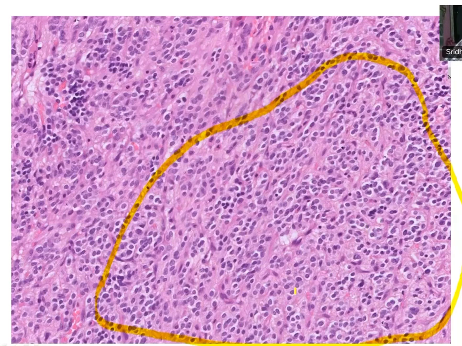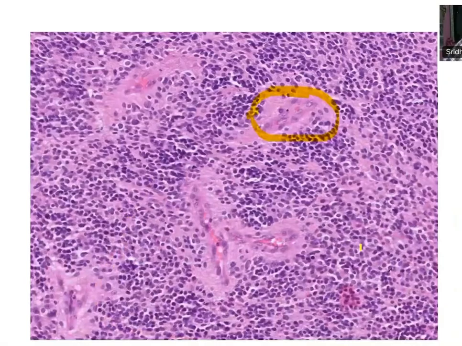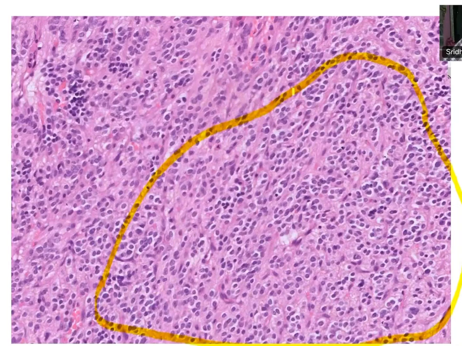You can use the word clear cell or definitely haloing. Sometimes when processing is not good, or the section is thick, you may not appreciate the clearing. But you need to look for better preserved areas where you have this clear cell change. Okay. So, what is your summary?